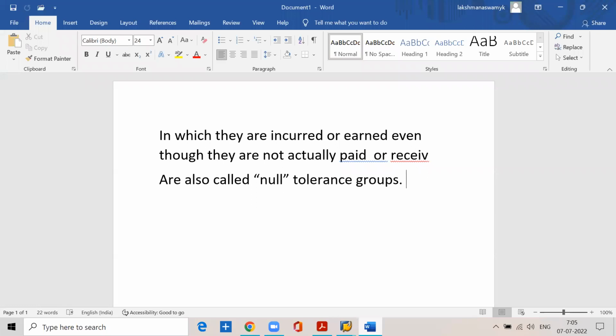Then the values of the blank tolerance groups is applicable to all the GL accounts which are not assigned with any tolerance group.